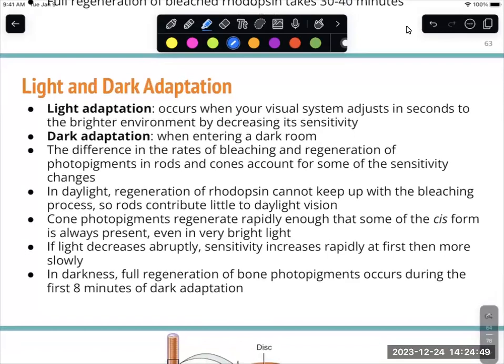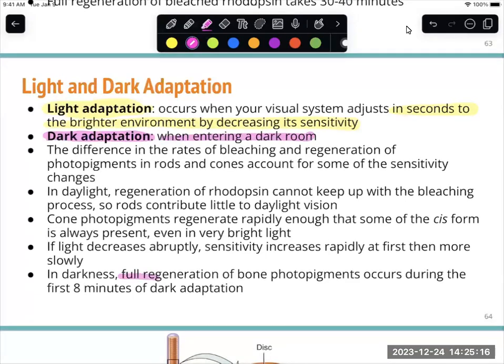So light adaptation to a brighter environment occurs in seconds by decreasing that sensitivity. But dark adaptation, when you enter a dark room, happens slower.